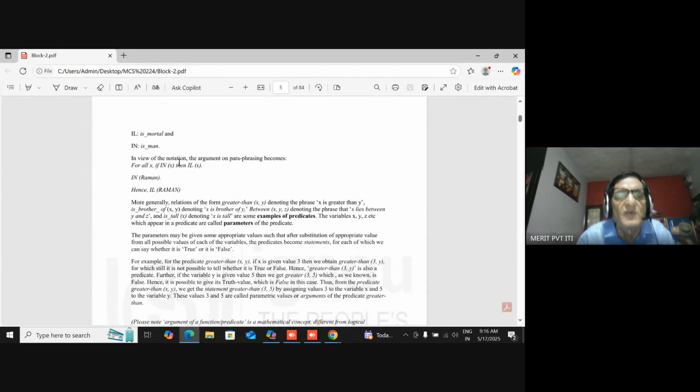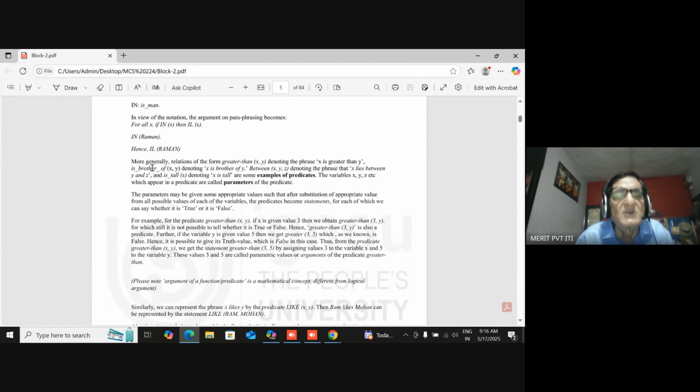In view of this notation, the argument on paraphrasing becomes: for all x, if M(x) then L(x); M(Raman), hence L(Raman). So here, more generally, relations of the form greater than (x, y) denote the phrase x is greater than y, brother of (x, y) denotes x is brother of y, between (x, y, z) denotes the phrase that x lies between y and z.